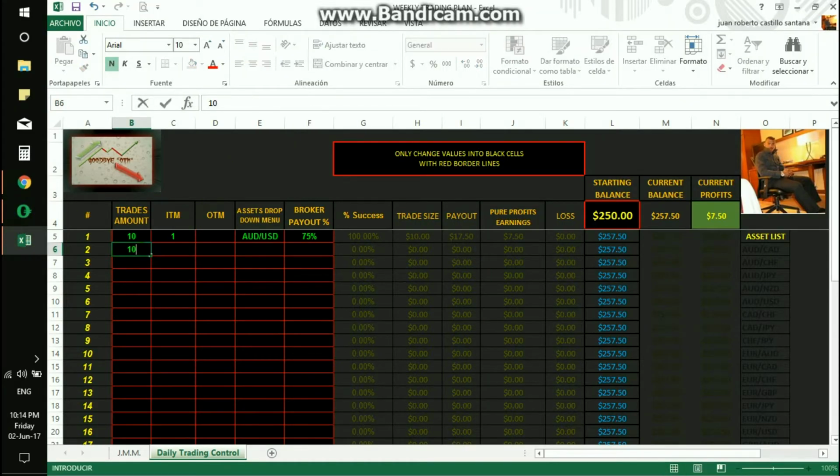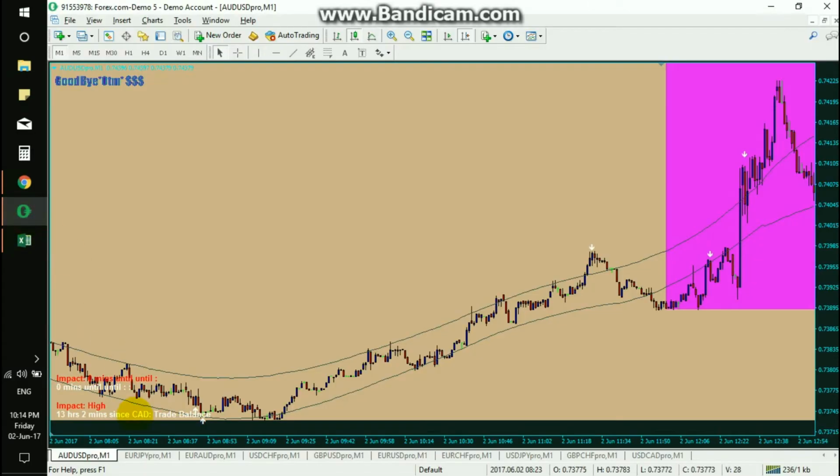We always use the minimum per trade, and it was also on Australian USD, 75 let's say. So then you have another $10 investment which is OTM on the same Australian USD, and then you're still $5 above. That's for example, just to give you an idea.